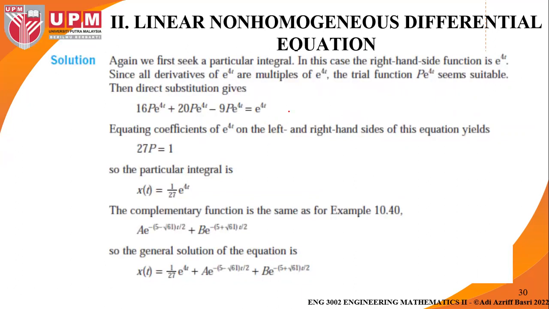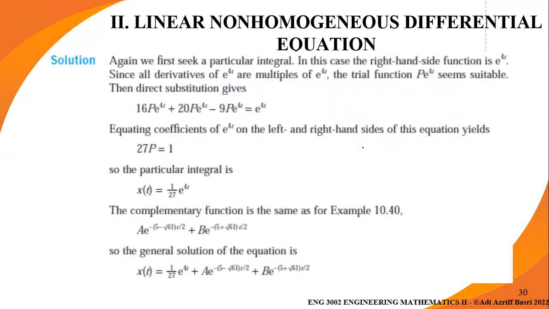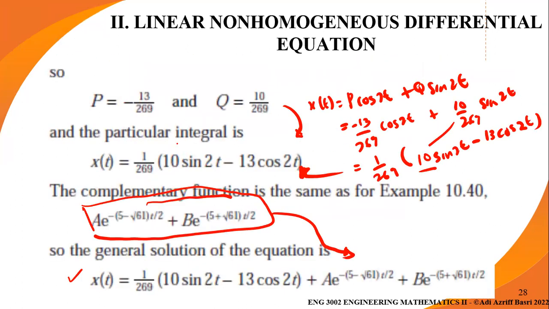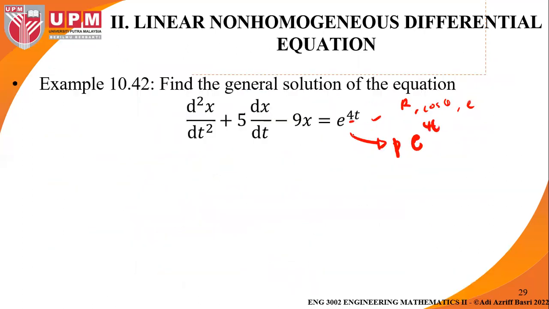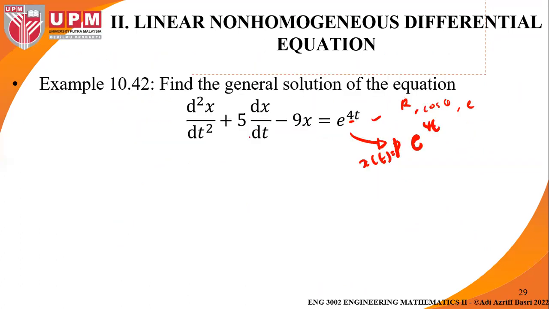So in this case, because of exponent, we start with p exponent 4t. That's your xt. Okay, we use p, and we check the first differentiation.